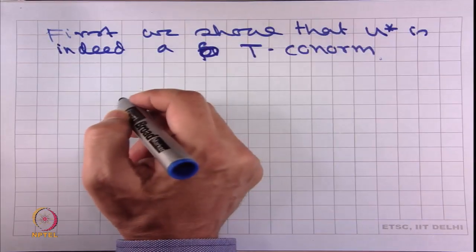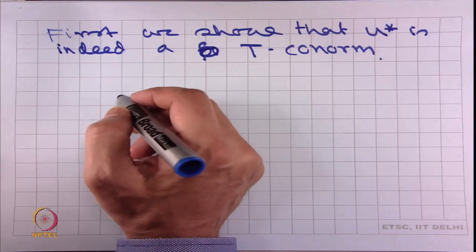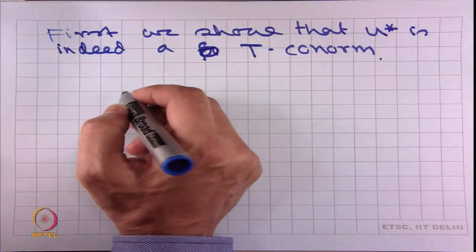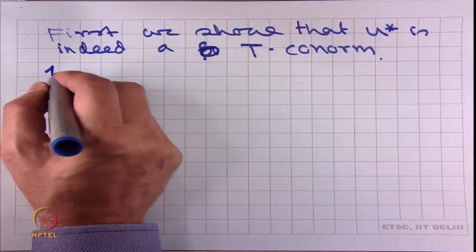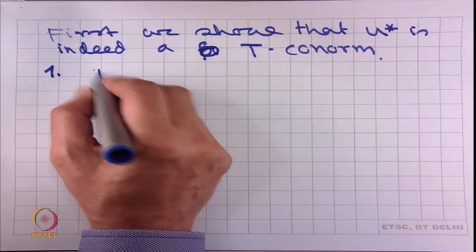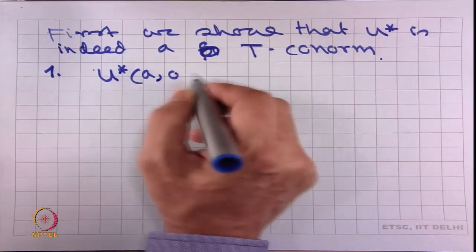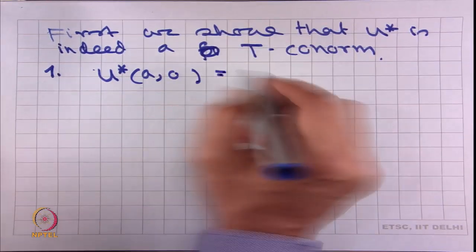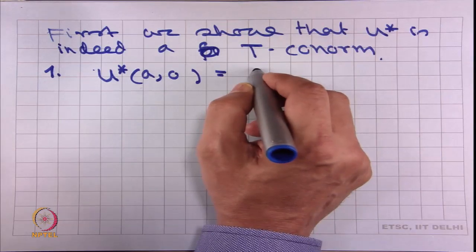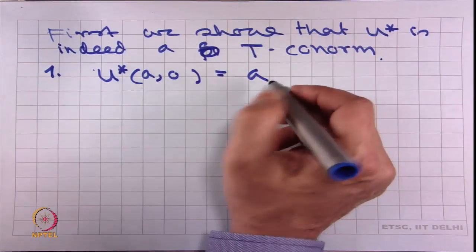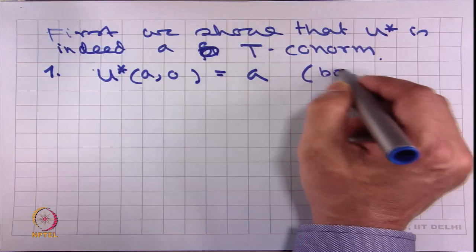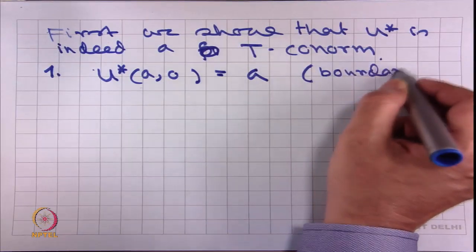For that, we need to verify the 4 necessary properties. U star of a comma 0 is equal to a. We know that it is the boundary condition.